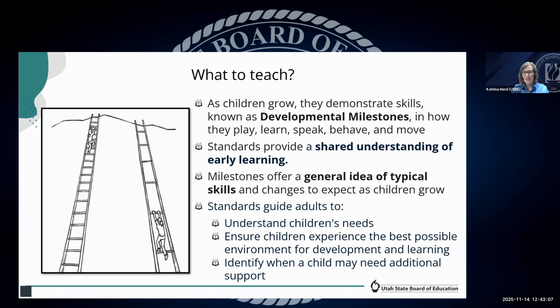What skills should they acquire? So milestones are typical general growth. Standards are almost more for the adult than for the child, because it's an understanding for you, the adult, of the child's needs for growth and the expectations for where we expect them to start the year and end the year.